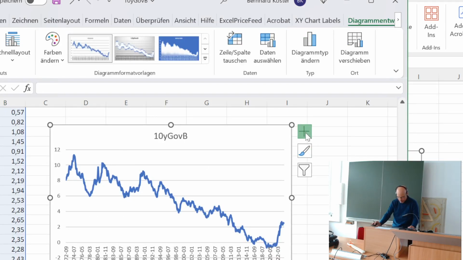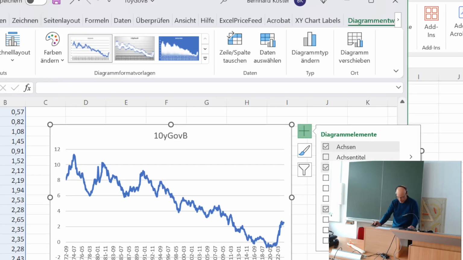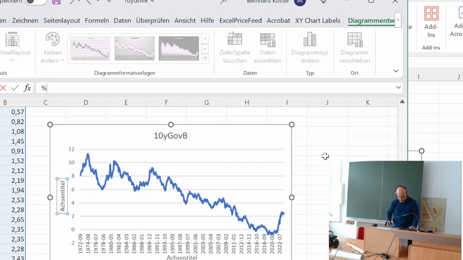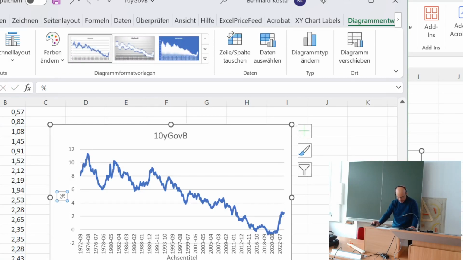And then on the right, percentage. I do not do the manipulation to 2008 now because it takes too long.